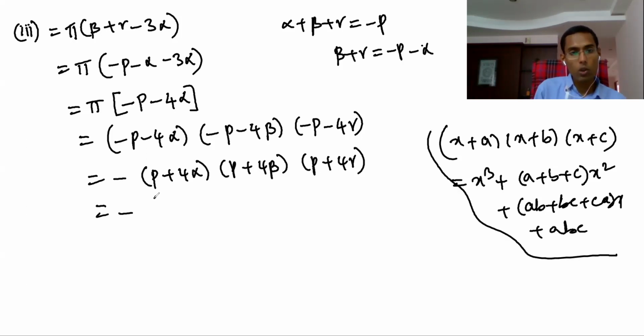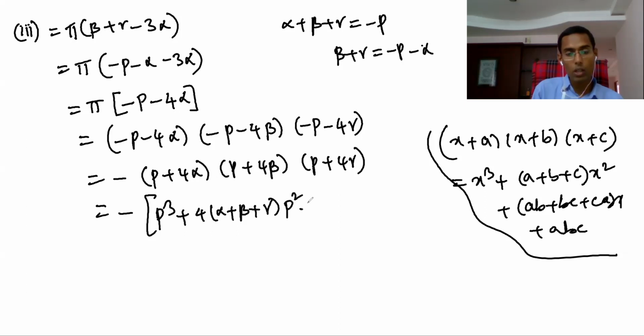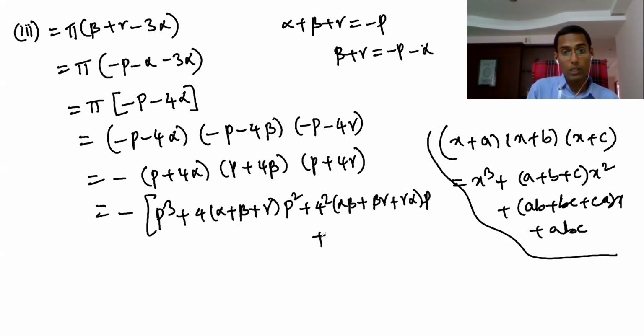So here also minus of this is p cube plus 4 alpha plus 4 beta plus 4 gamma. I have taken 4 common into p square plus here ab means 4 alpha into 4 beta, 4 square alpha beta, 4 square beta gamma, 4 square gamma alpha into p plus abc. abc is what? 4 alpha into 4 beta into 4 gamma.